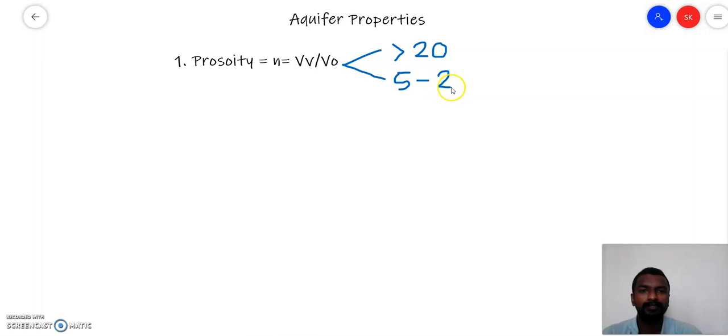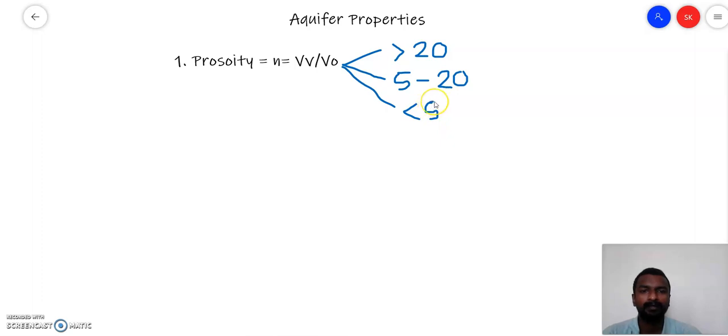And the third, if the porosity is less than 5, then we can say the porosity is less. So there is this classification: greater than 20, between 5 to 20, and less than 5. In this way we can also mention the porosity.